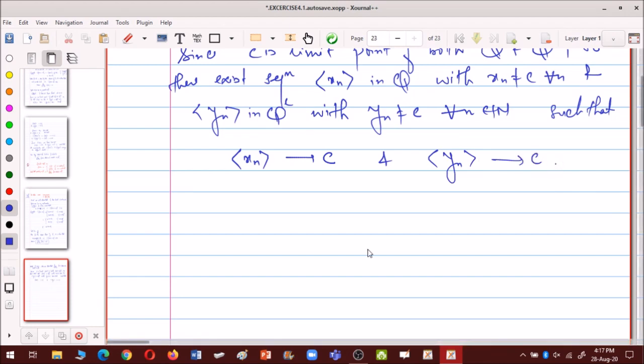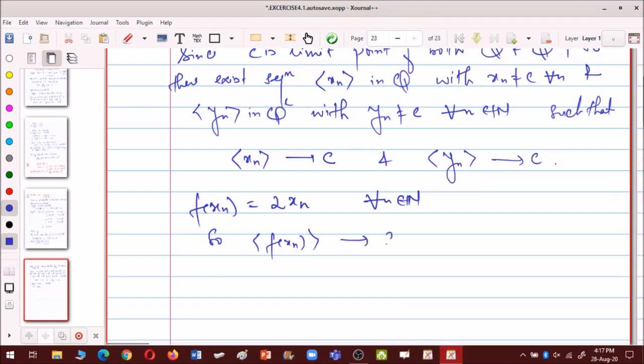So we have found two sequences, both converging to c. Let us look at their corresponding sequences. So let us look at f of xn. Now f of xn is equal to 2 times xn for all n belonging to N. So f of xn converges to 2c, since xn converges to c.